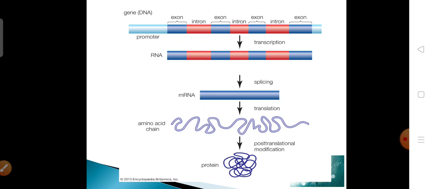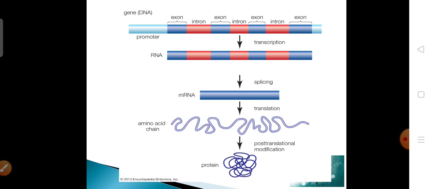But then post transcriptional modification takes place. Okay, that means first, as you can see here, exon, intron, all have got transcribed to form mRNA, right? The whole length of DNA gets converted into mRNA.